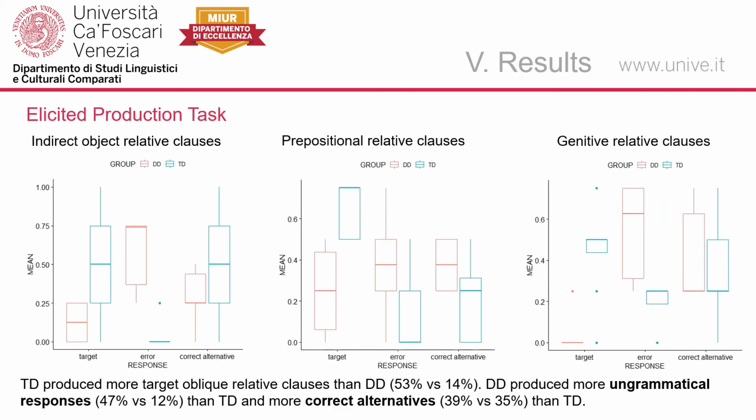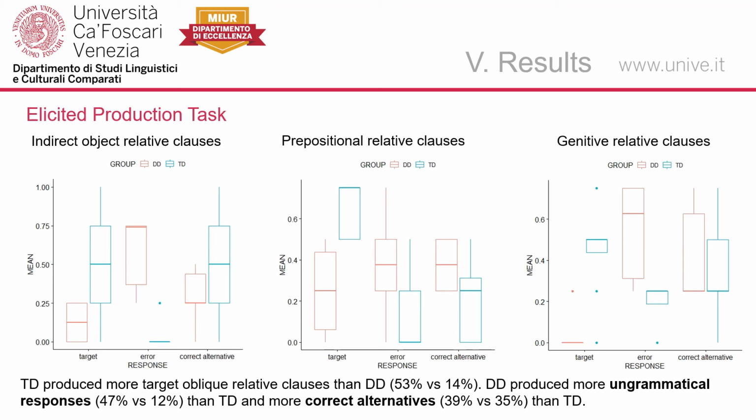Overall, we observe a large variability in the distribution of produced oblique relatives. Typically developing students outperformed the students with dyslexia. The TD group produced an average of 53% target oblique relatives, while the group with DD only produced an average of 14%.